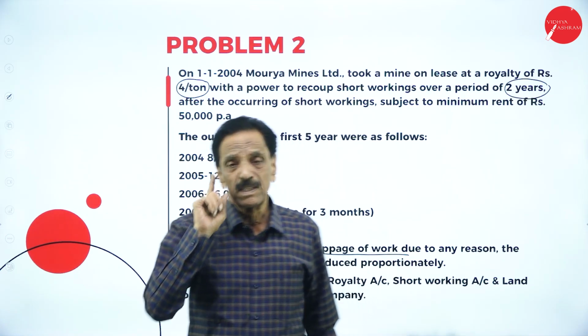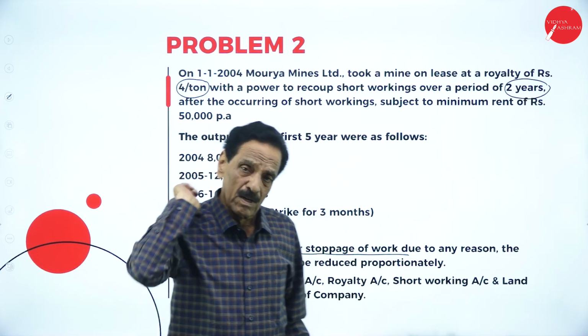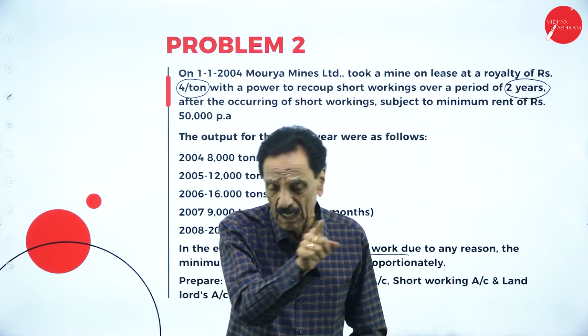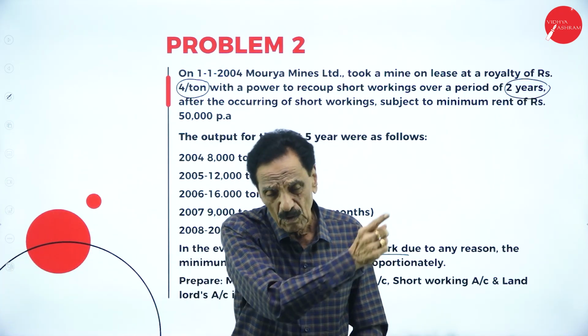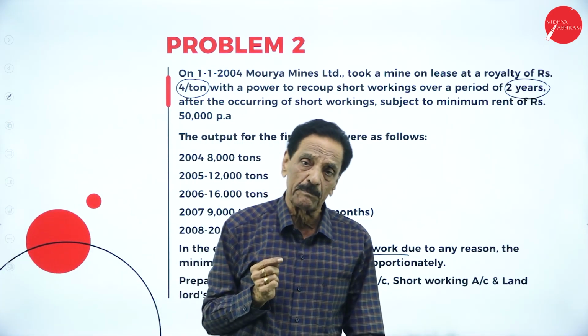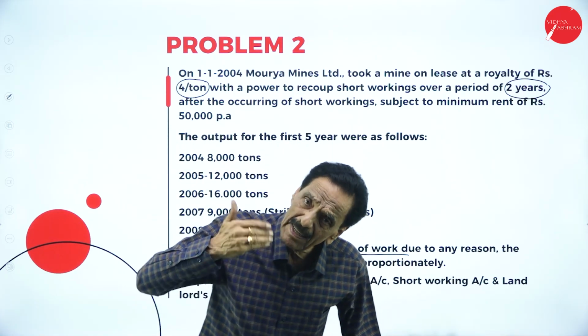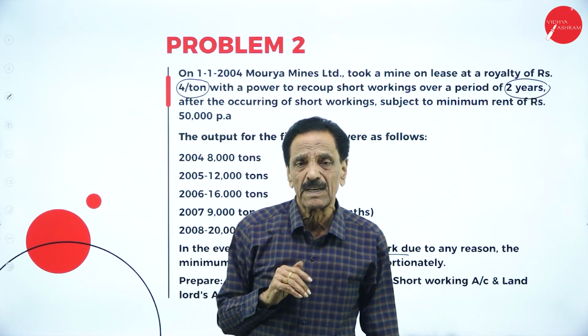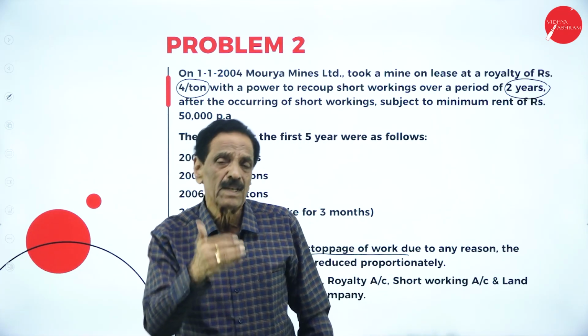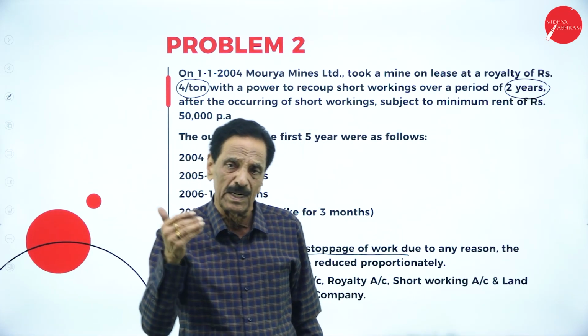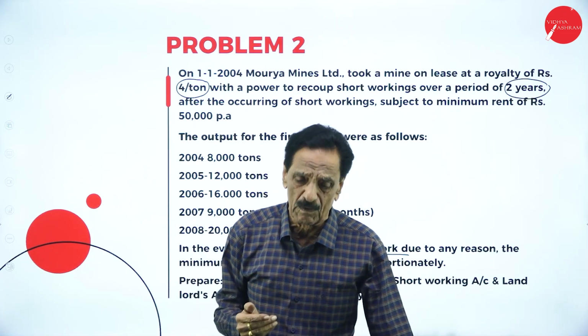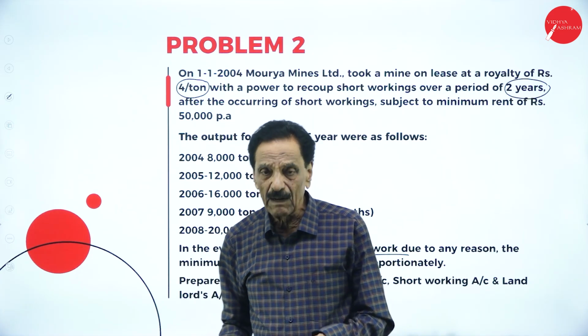I'll repeat. When the royalties are more, royalties account debtor to landlord account and to short working recoverable account. Next, payment to landlord, landlord account debtor to bank account. Transfer entry, production or profit and loss account debtor to royalties account. We'll pass the entry now.